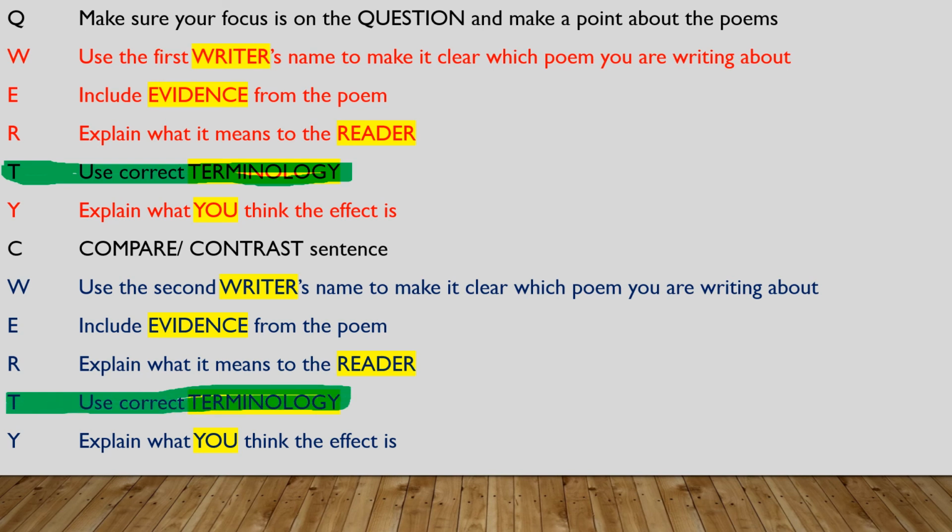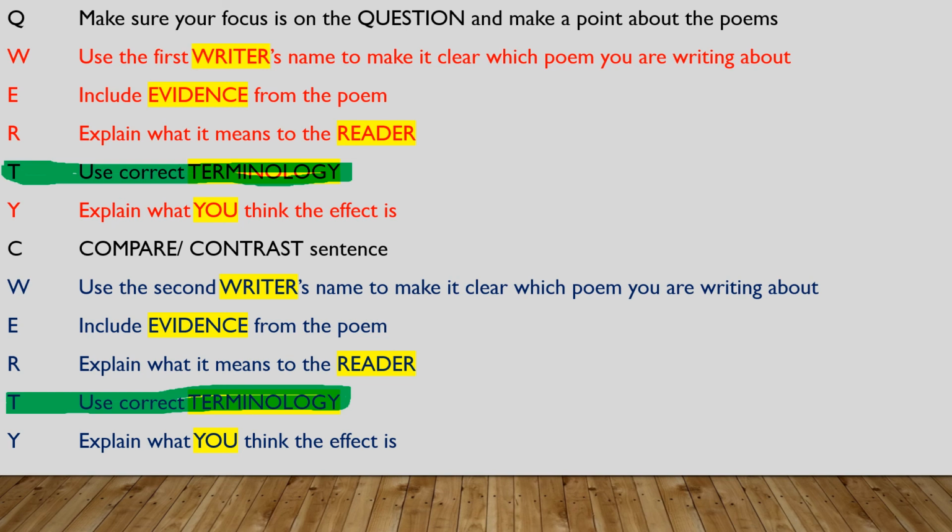So if you've got a paragraph that you've completed, where you have previously used the word 'word' in your micro quote, it might be possible to now add some terminology to give yourself an extra mark or two. All you need to do is change the word 'word' into noun, adjective, verb, or adverb, or whatever term is actually relevant to the word you've picked out.